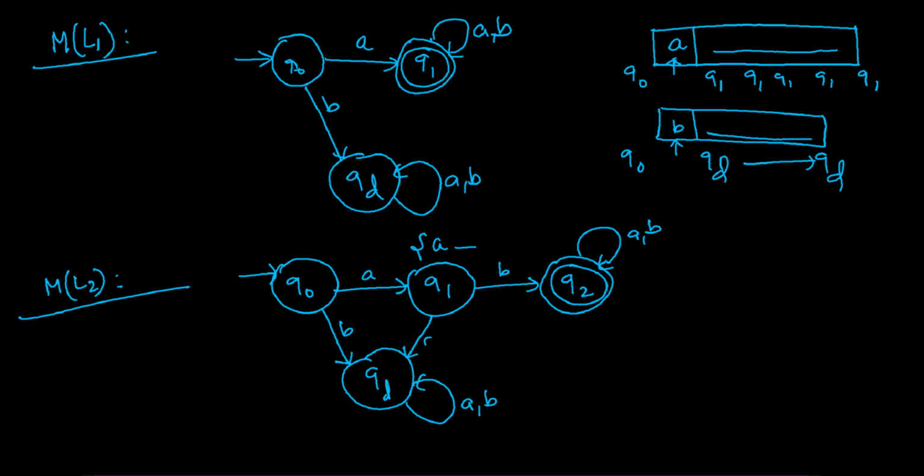So Q1 on A goes to the dead state. That's how you draw a DFA. Very good, so this is the DFA for L2.